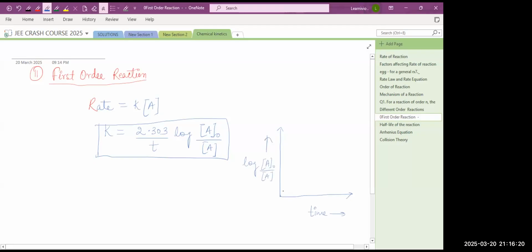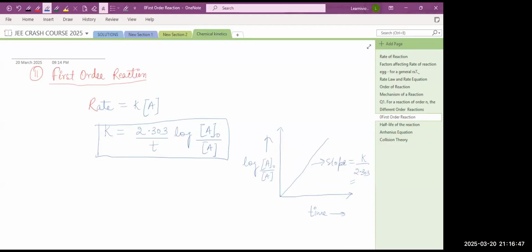So you will get a straight line for the first order reaction, and the slope will be equal to k upon 2.303. Remember that.